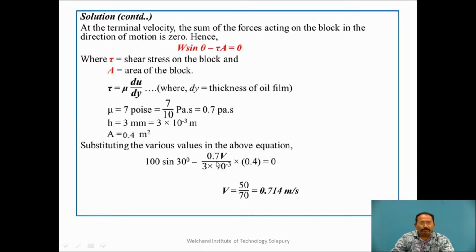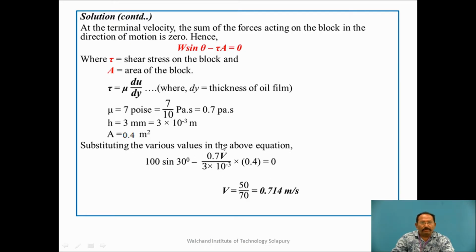Substituting these values, W is 100 Newton, sine 30 degree, minus shear stress, that is 7 by 10, or you can say 0.7 V upon dy, that is 3 into 10 to the power minus 3, into area, 0.4 meter square.